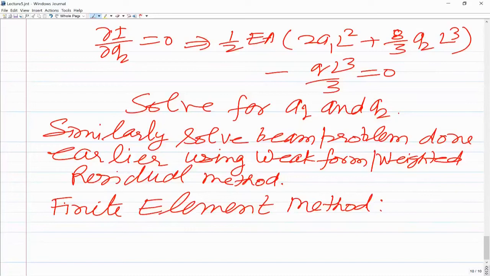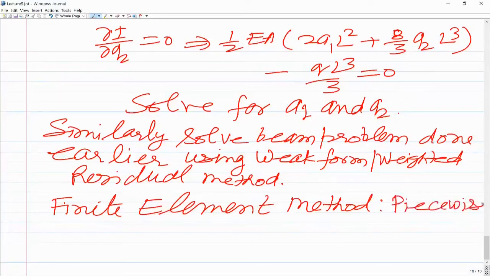But in the finite element method, we still are trying to find an approximate analytical solution, but it is piecewise. That means we divide the whole domain into smaller subdomains and assume an approximate solution within each subdomain. Based on that, whatever solution we obtain, we call it the finite element method.